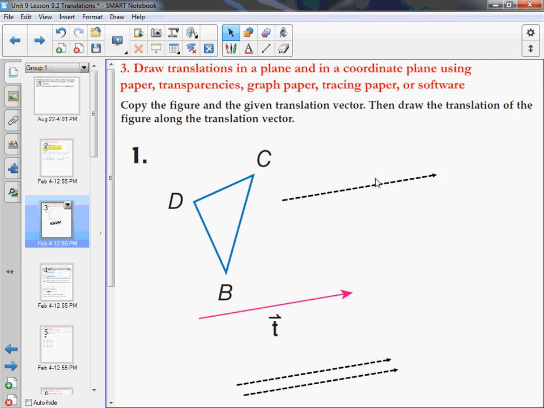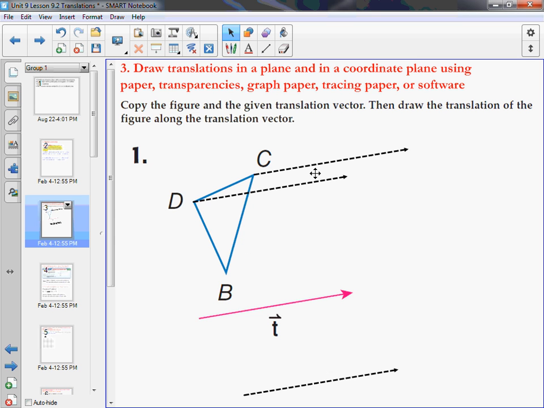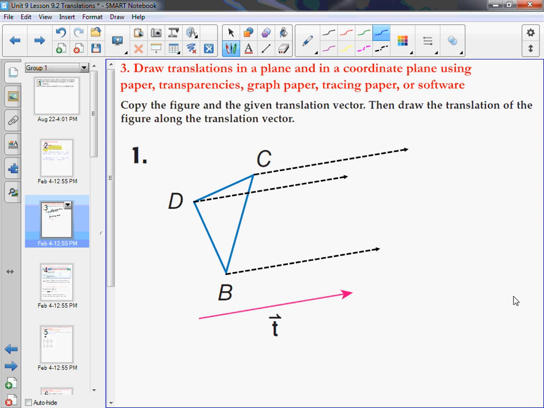But here's what we're going to do. I'm going to put one translation vector at point C, one at point D, and one at point B. Well, C prime, the point C prime, will be at the end of this translation vector.